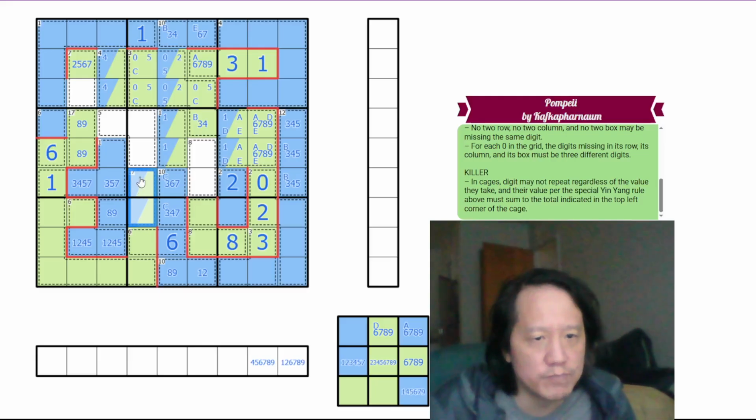One of these is blue. The other one's green. If we have blue here, and this is green, that's possible. Okay. One cannot appear here. One can't appear here. We kind of already knew that.